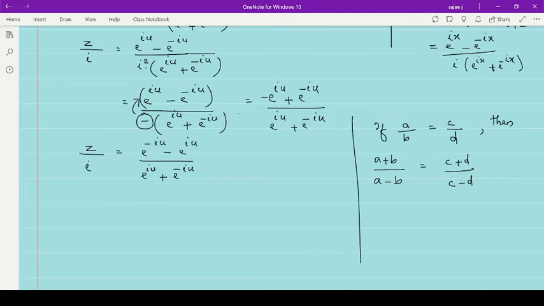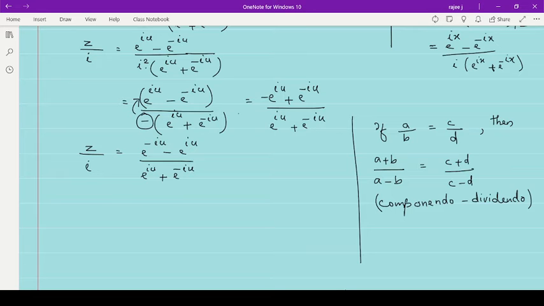This property we call the componendo dividendo property. Both sides we are doing this.